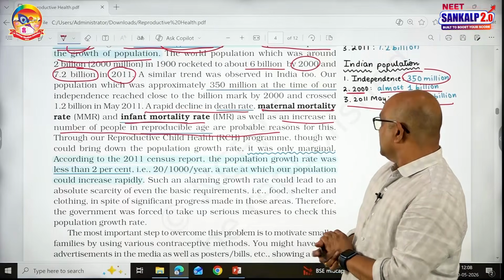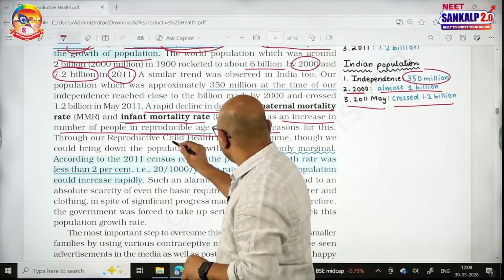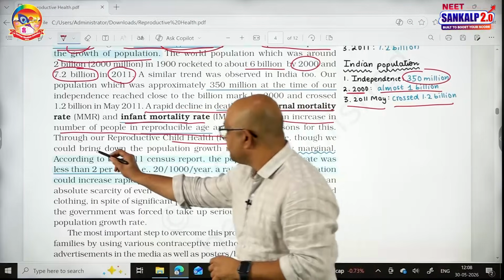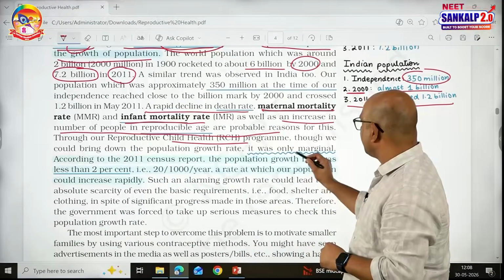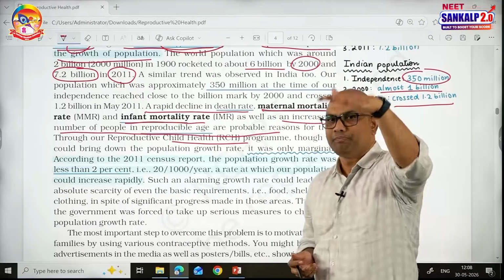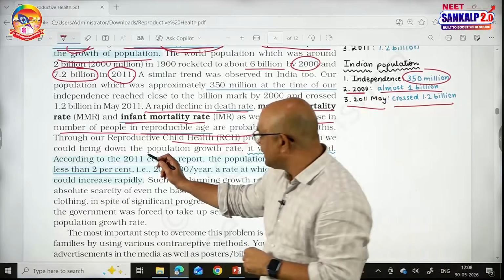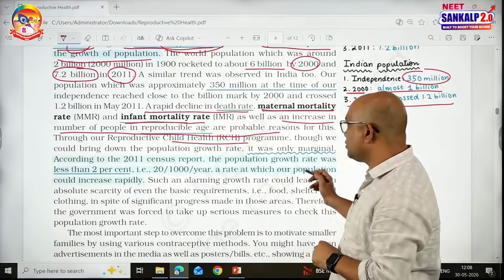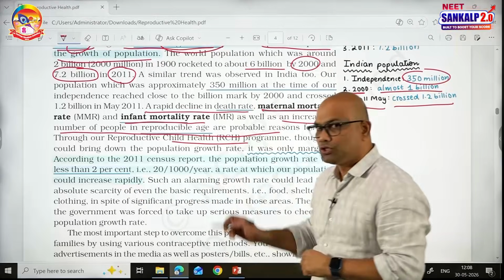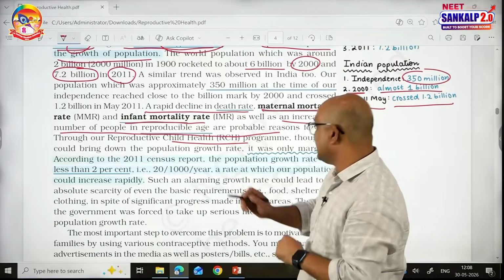Okay. See, with the help of the RCH program, though we could bring down the population growth rate, it was only marginal, not having that much impact. According to the 2011 census report, the population growth rate was less than 2%, that is 20 per thousand per year.